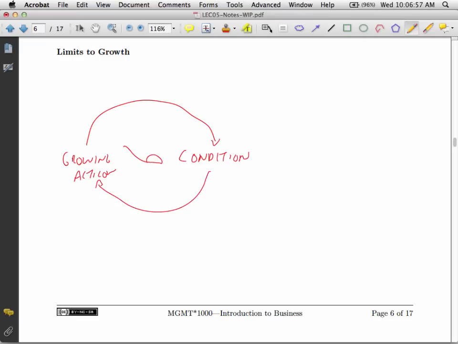And this is a nice reinforcing loop, so I'll draw it like a little snowball with the little trees in the background, or put a letter R on there. So this would be, for example, Axe deodorant. We have this condition, we want to increase market share, so we come up with a really clever ad campaign, and we have this reinforcing loop happening. And then, the process feeds on itself and it produces growth and expansion, and then it begins to slow.